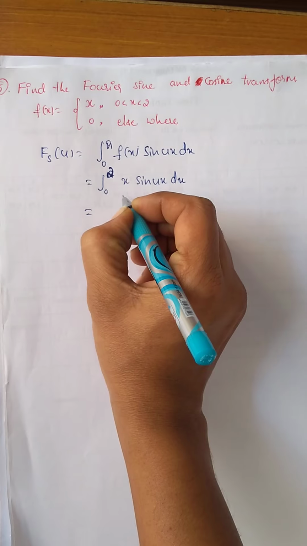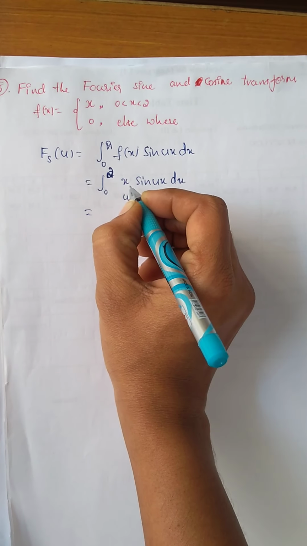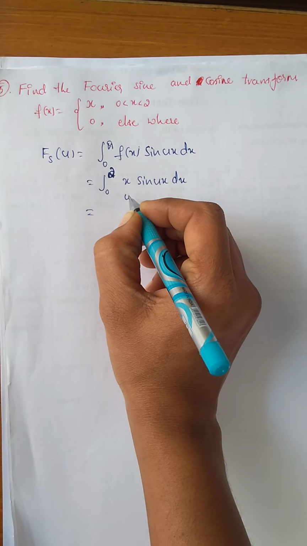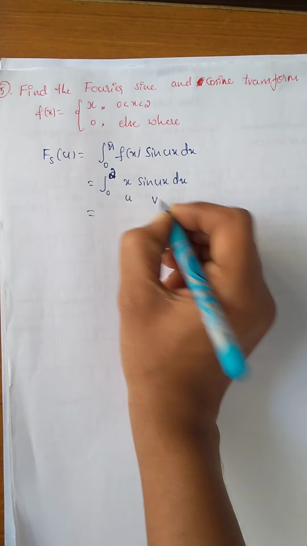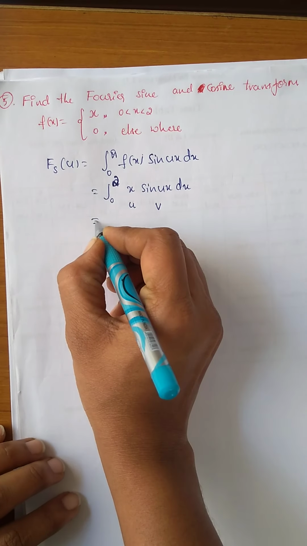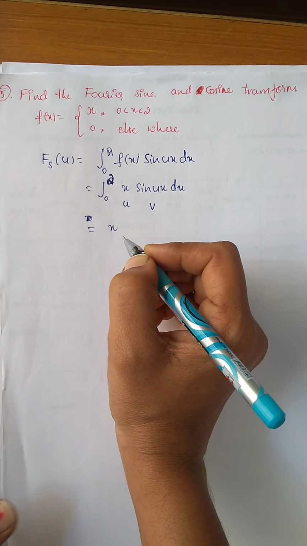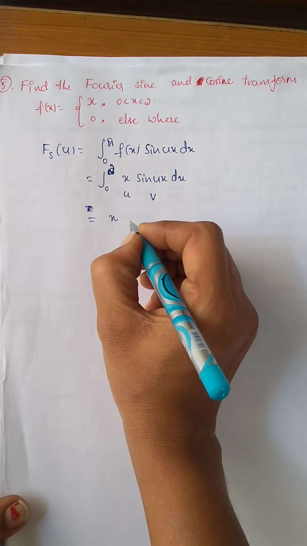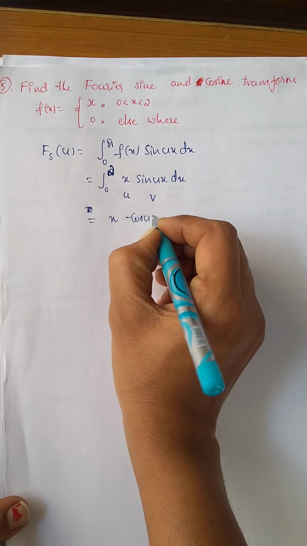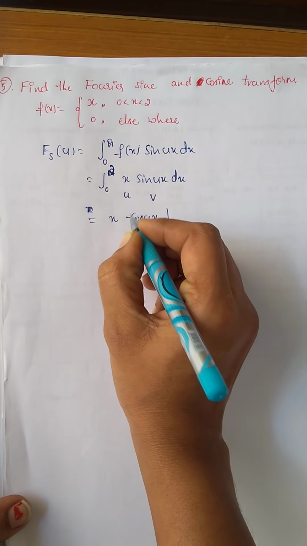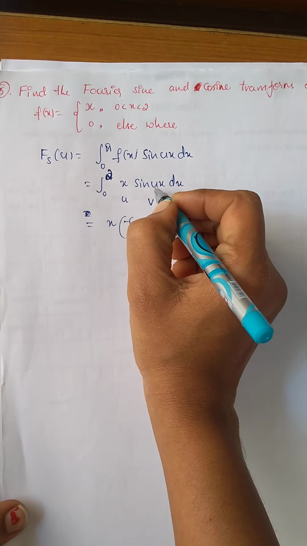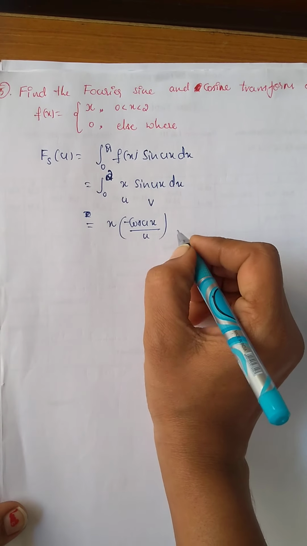So I take u as the polynomial function, x is the first function, and sine ux is the second function. Using Bernoulli's, we get the first function times the integration of the second function. The integration of sine ux with respect to x is minus cos ux by u; the coefficient u goes to the denominator.